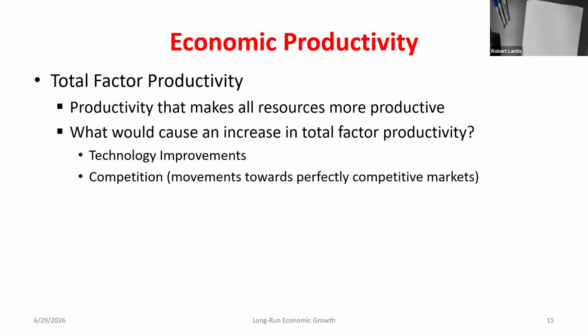So as competition increases, with the same level of capital and labor, those companies are going to try to make sure they're even more productive because they're competing with other firms. Electric companies, usually they're regional or local monopolies. You'll notice even the poles that electric lines are on look like they've been there for 30 years. So that's a good example where there's less competition, so total factor productivity would be lower.